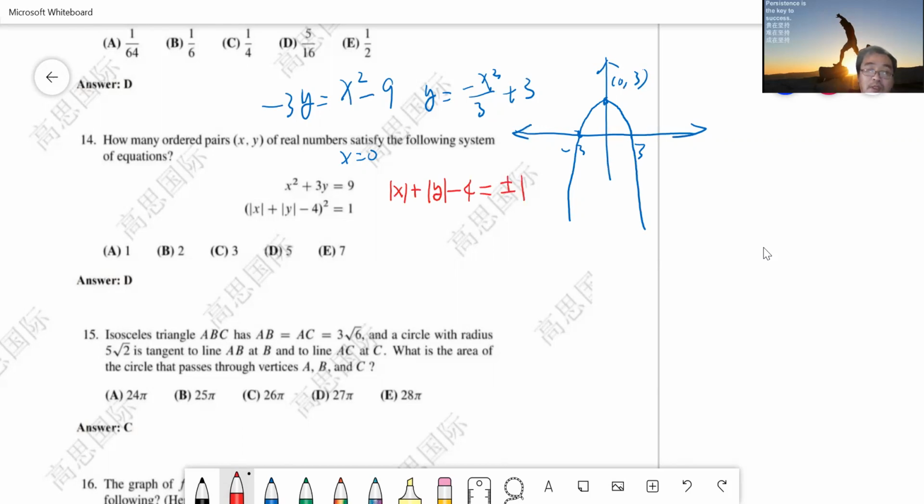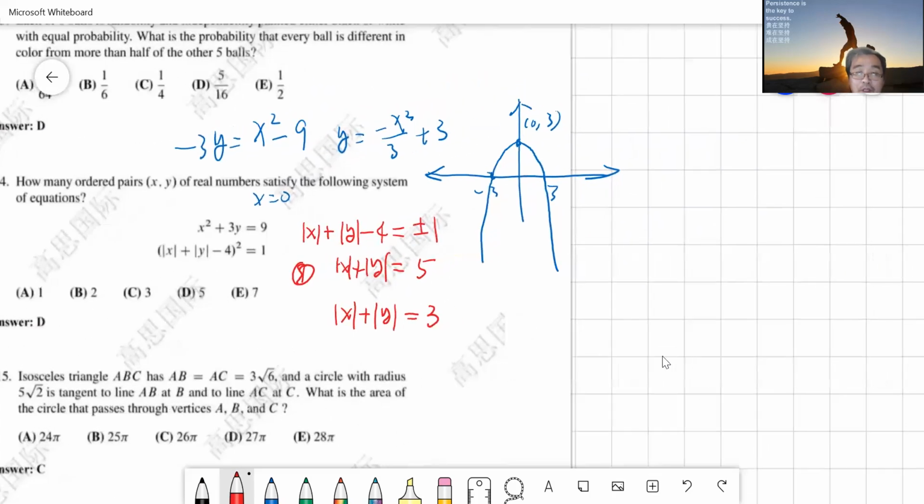So we're going to reorder this. We have two equations, either the absolute value of x plus the absolute value of y equals 5, or the absolute value of x plus the absolute value of y equals 3, right? So this is a very typical equation we saw in the past, right?